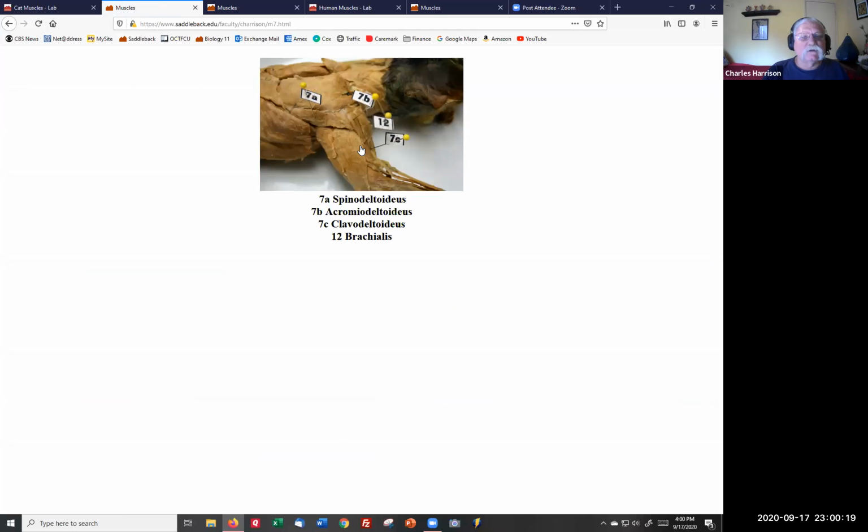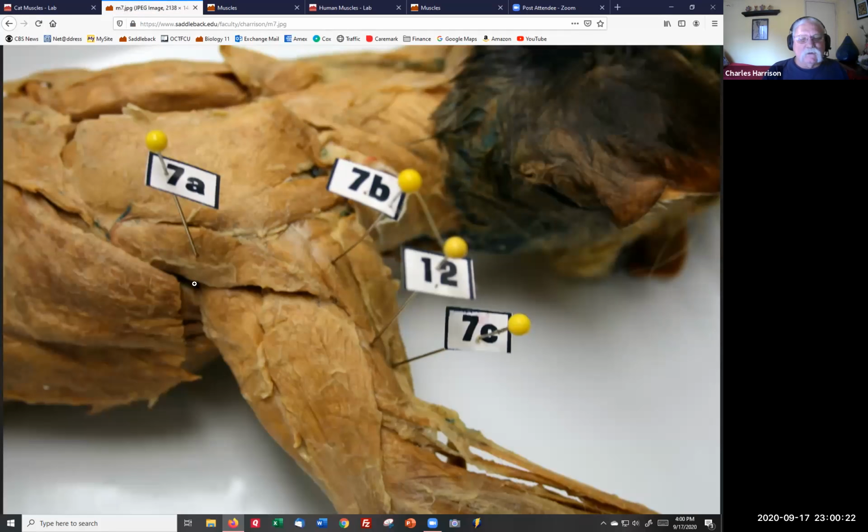The deltoids. The deltoids are the numbers 7. This is one of the deltoids. This is the spinodeltoid. This is the acromiodeltoid at this rounded part of the shoulder. And way down here is the clavo or cleidodeltoid. The clavotrapezius is up here, not labeled, and it runs into the clavodeltoid.